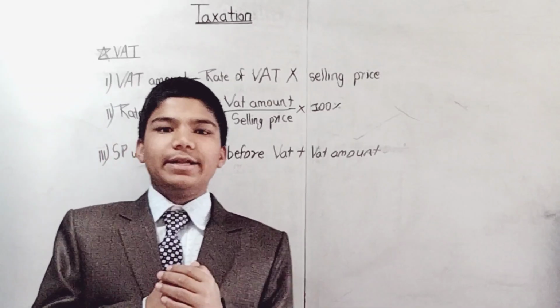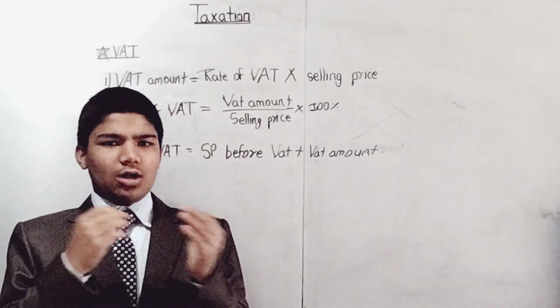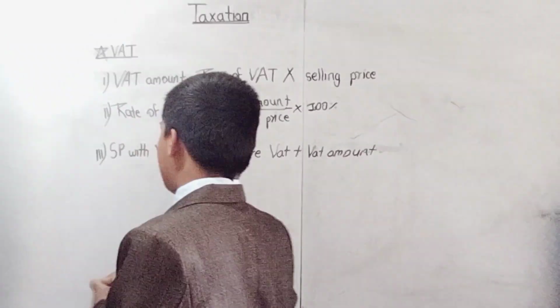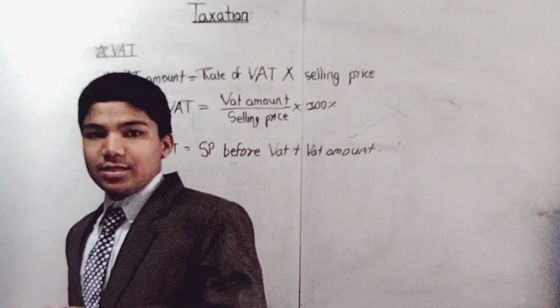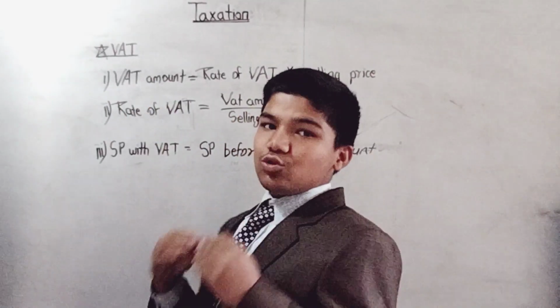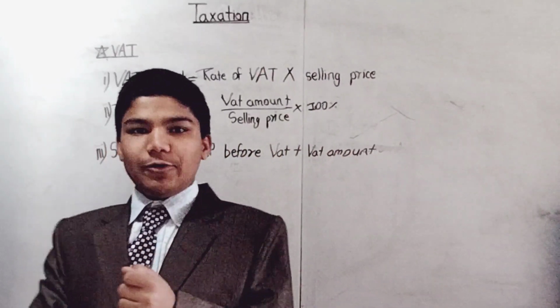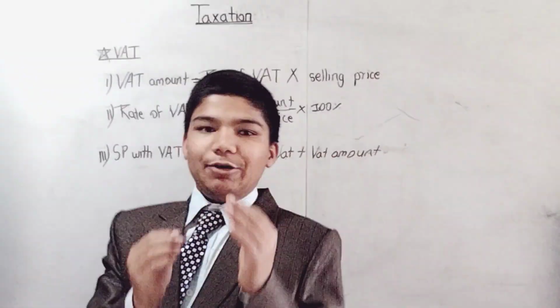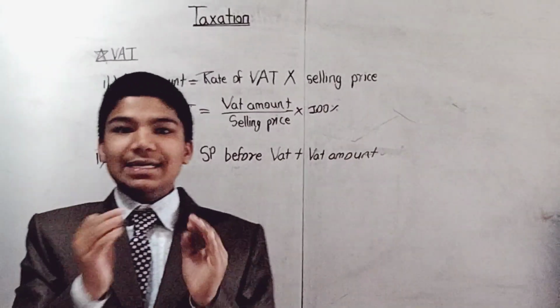It is very necessary. So let's know some formulas of VAT which are related to solving questions. If it is told to find the VAT amount, and we have the rate of VAT and selling price, then we have to multiply rate of VAT and selling price.